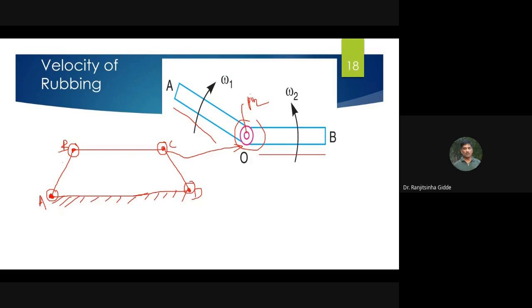Now this link will rotate with some angular velocity, so I will write here omega 1. It is in the clockwise direction, and suppose this is also rotating in the clockwise direction, I will write here omega 2.